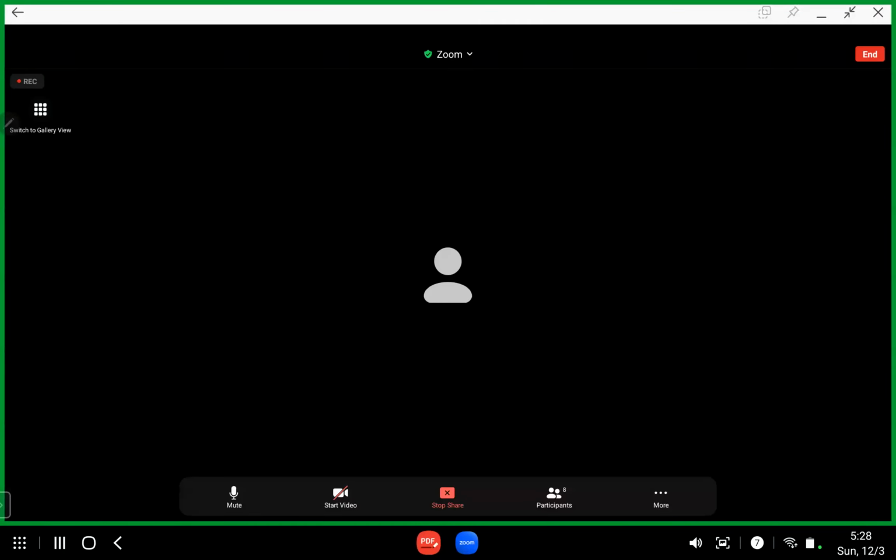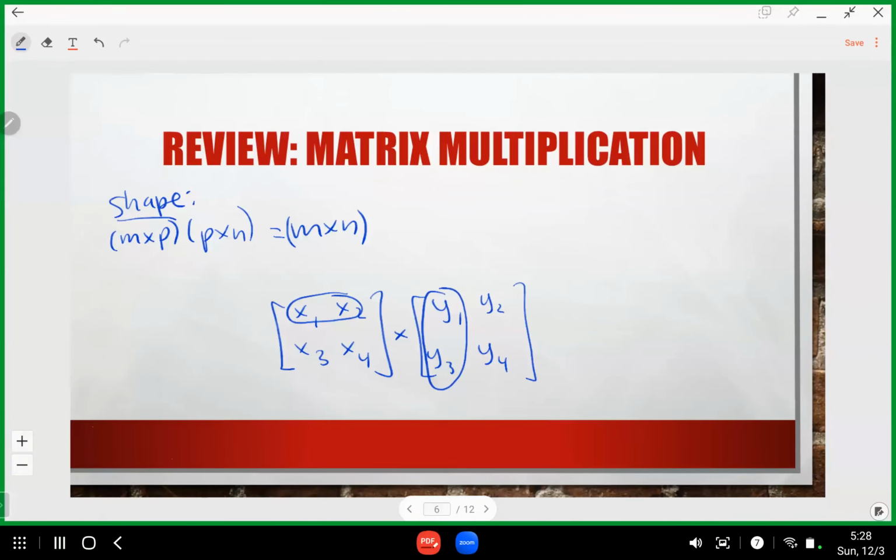Okay, so let's go over this. So remember that I said you have to have the corresponding rows and the columns. You're going to have x1 times y1 plus x2 times y3, right?